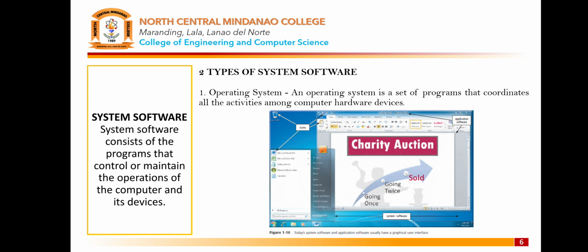And when the user starts a computer, right from the start, portions of the operating system are copied into memory from the computer's hard disk, and these parts of the operating system remain in memory while the computer is on.